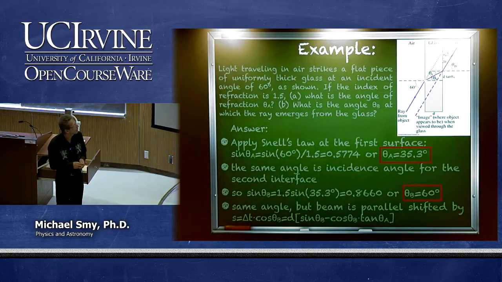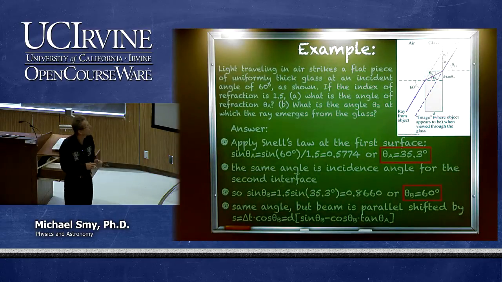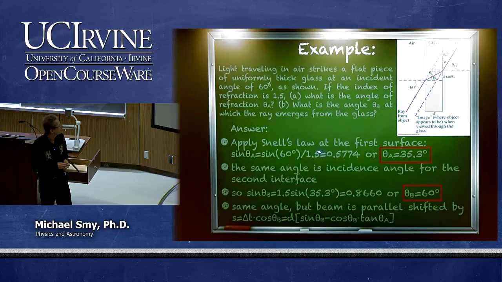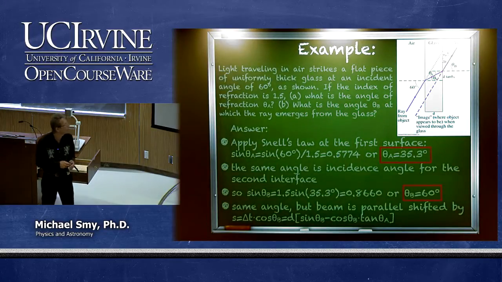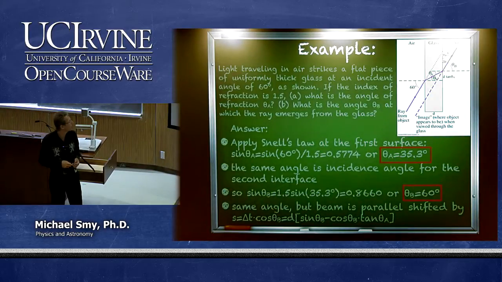The sine of theta A must equal the sine of 60 degrees divided by 1.5, because 1.5 is the index of refraction of glass, and we assume the index of refraction of air is 1. Performing these operations, the sine of theta A equals 0.5774, which corresponds to an angle theta A of 35.3 degrees.